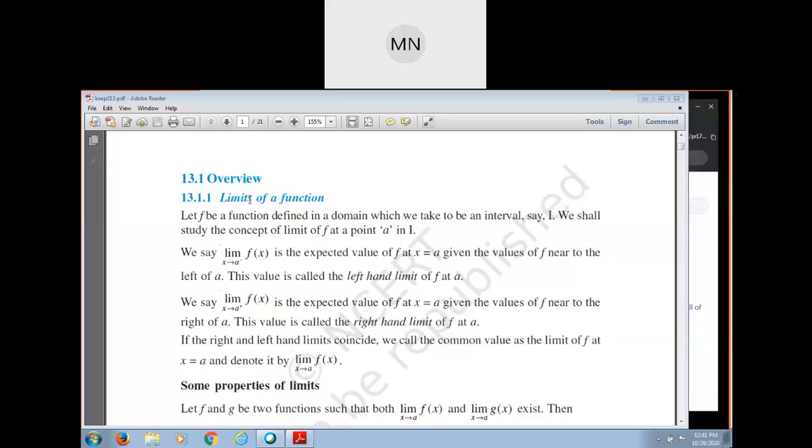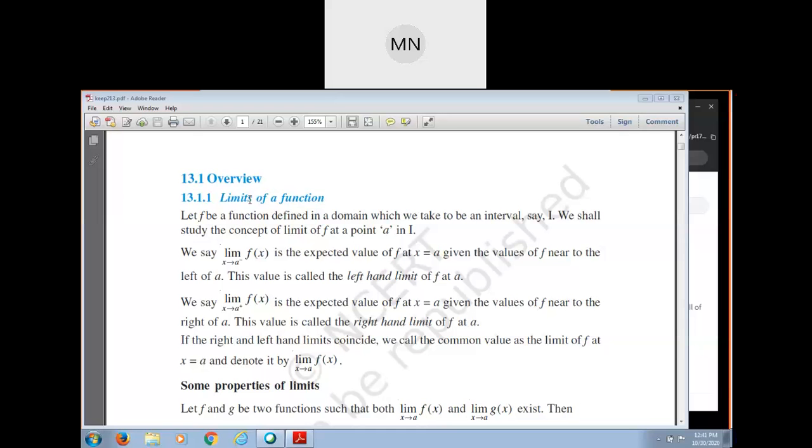Then, because we are discussing a function, when x approaches 2, their functional value y approaches some other value. That other value is called the limit of that function.